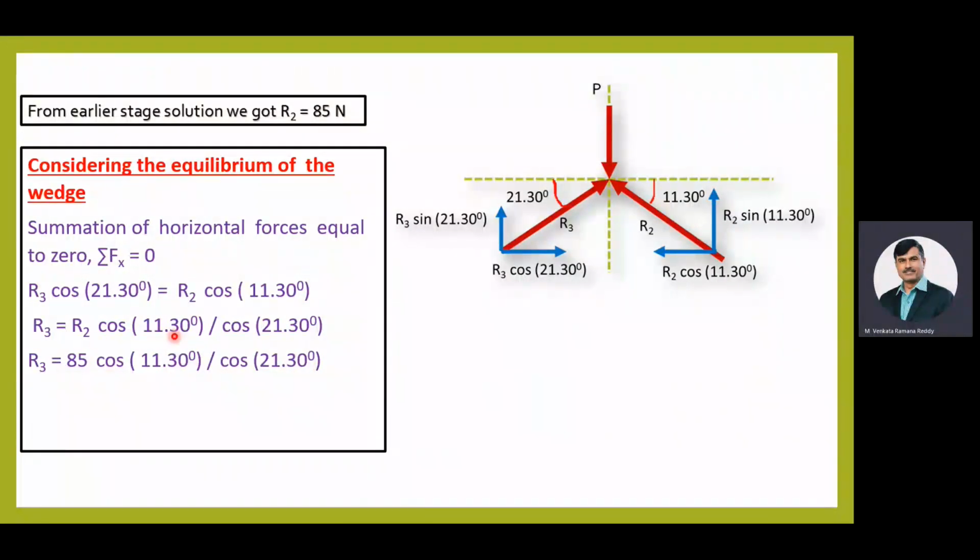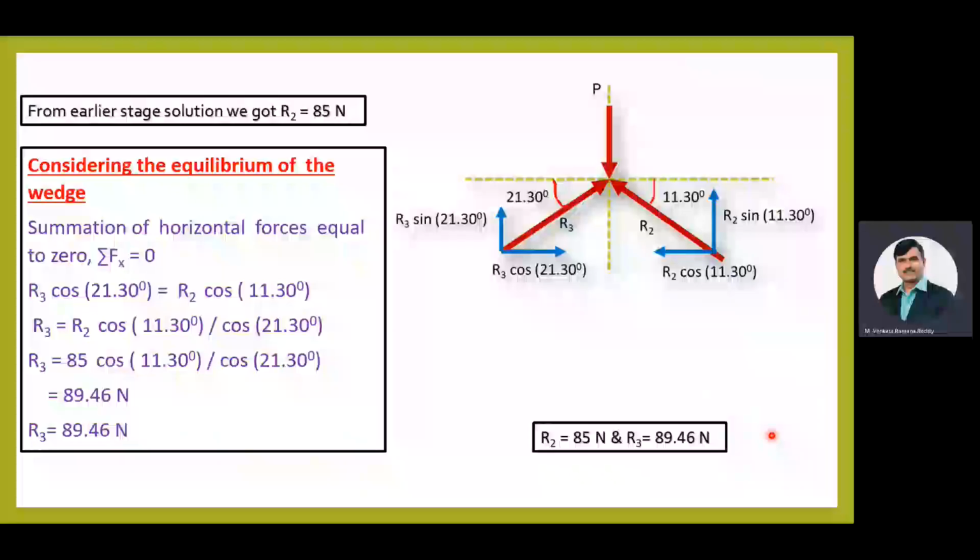After calculating this, we'll get R3 is equal to 89.46 Newton. R3 is equal to 89.46 Newton and R2 is equal to 85 Newton. These two values are to be substituted in the next stage solution in order to find the applied force P value.